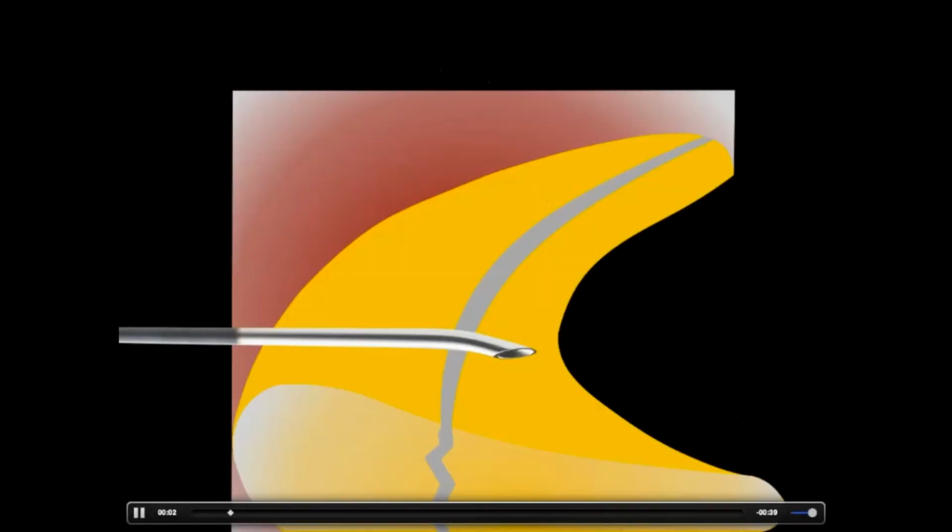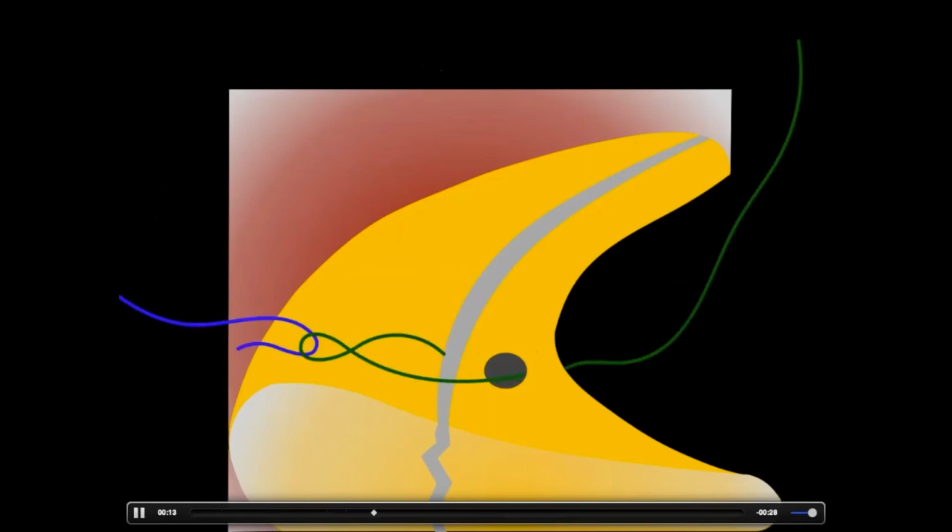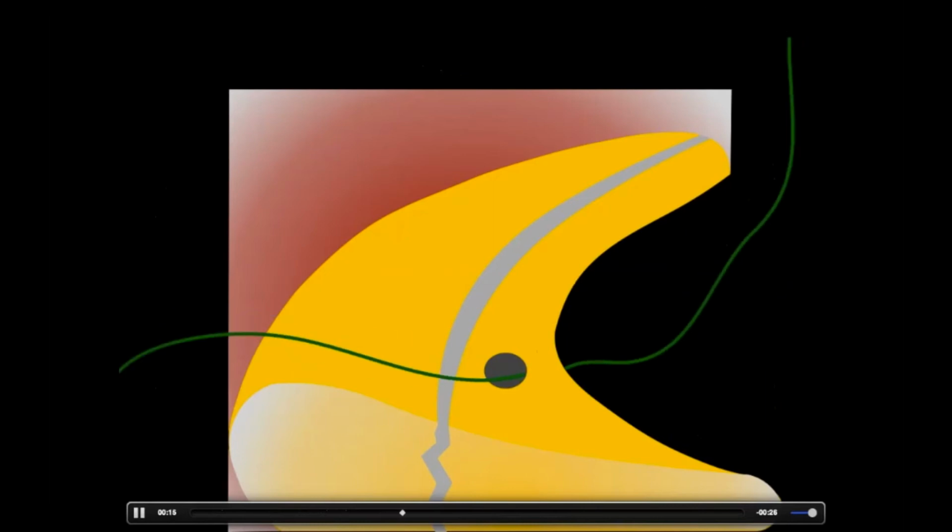What we do is we use a simple epidural needle. We pierce the medial half of the free end of the tear, and shuttle the Prolene suture. And with the help of the Prolene suture, we shuttle the Orthocord.